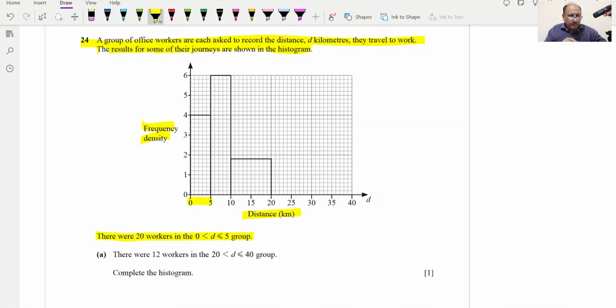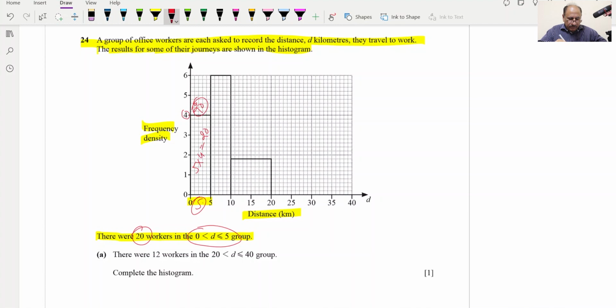For 0 to 5, this width will be 5. 20 workers for 0 to 5. So 5 multiply by this 4 will be 20. So we'll write here 5 multiply by 4, which is equal to 20. So this is 20 workers.